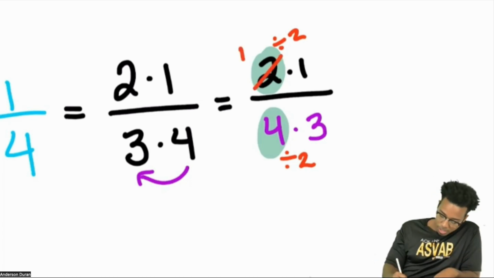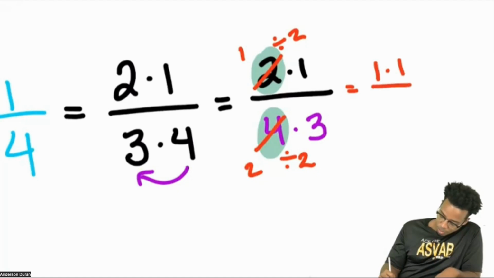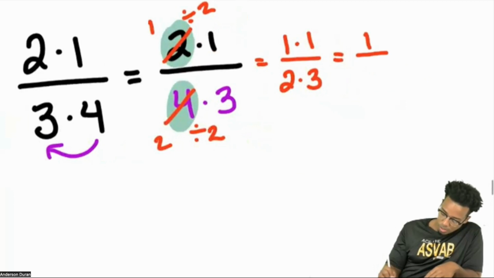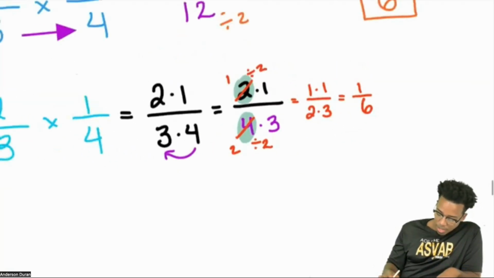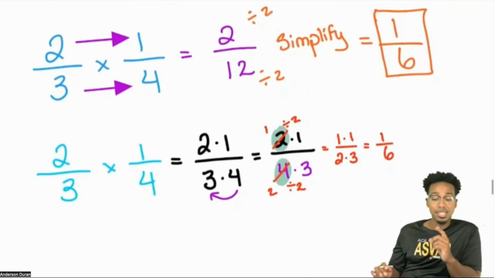And so this becomes 1, this becomes 2. And so this turns into 1 times 1 over 2 times 3. Everybody, 1 times 1 is 1. What's 2 times 3? 6.